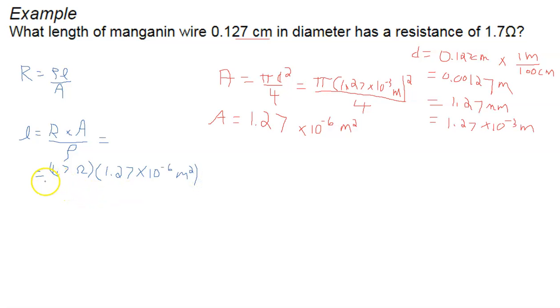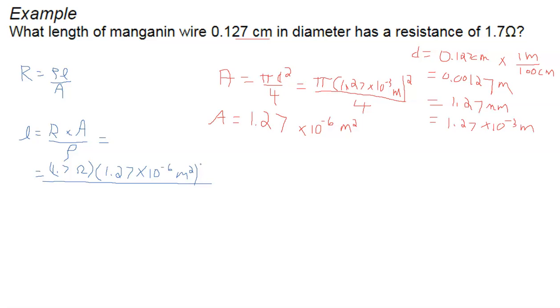And now rho, I have to pull that out of the table of properties of common conducting materials, which you can find in your PowerPoint presentation, or because the slides for that is posted, right? Or from the table in your workbook on page 73, and it's manganin, right?